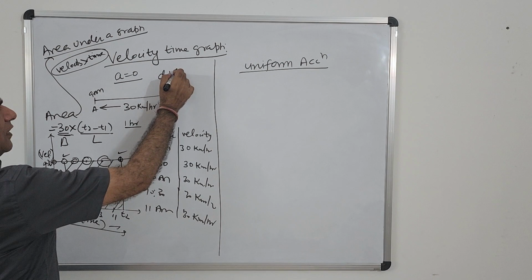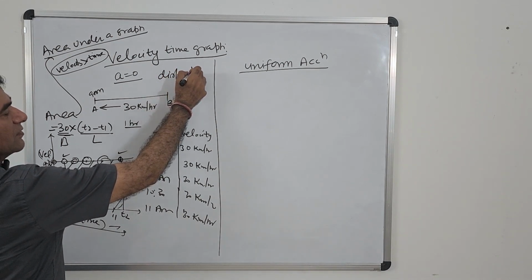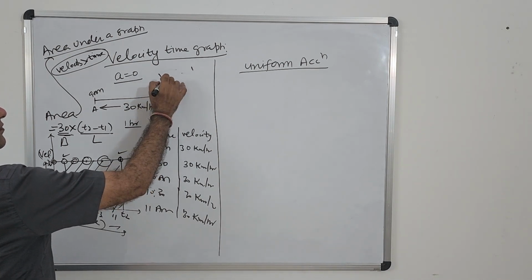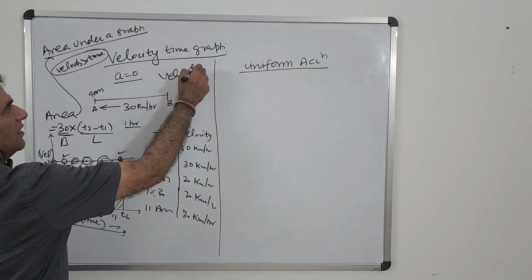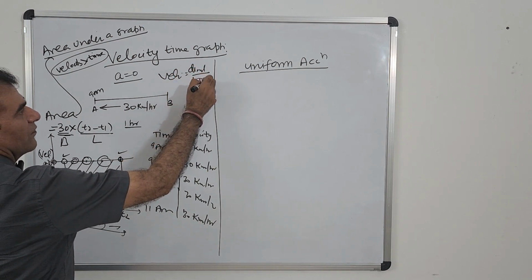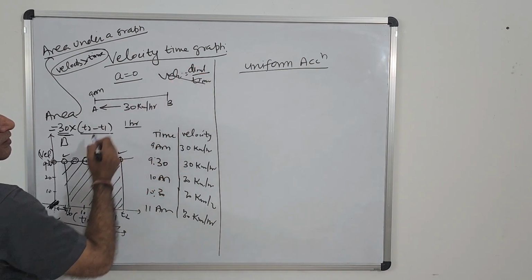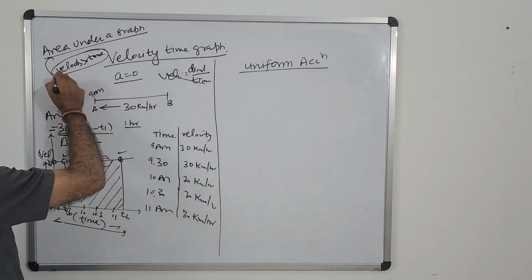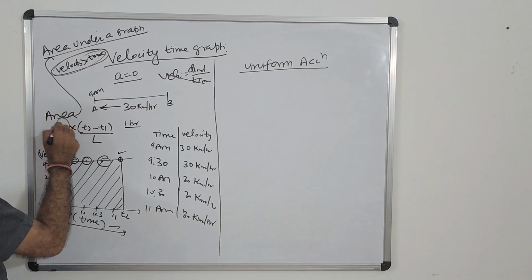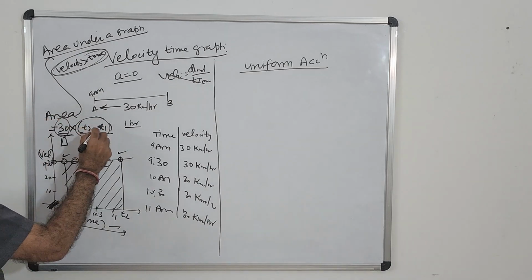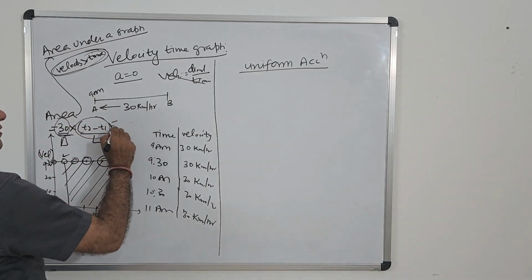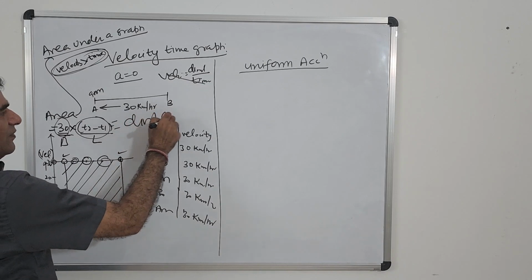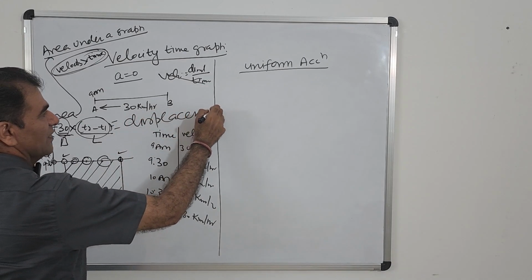You know what is displacement? What is velocity? Displacement upon time. So velocity into time, if time goes there, what will we get? Displacement. So velocity into time is nothing but magnitude of displacement.